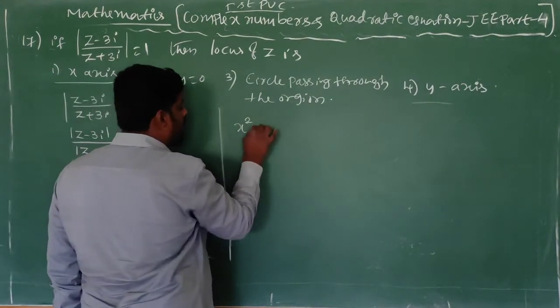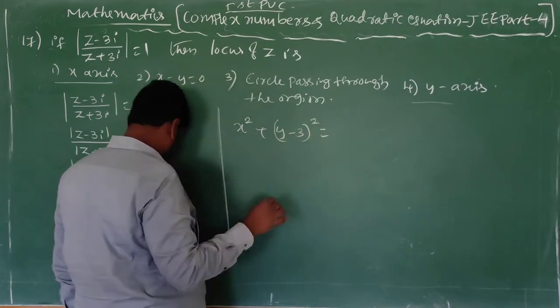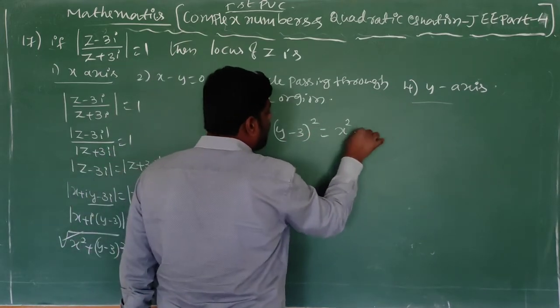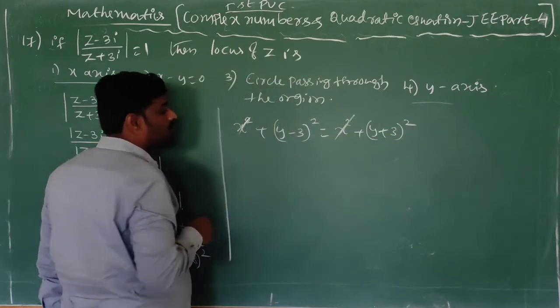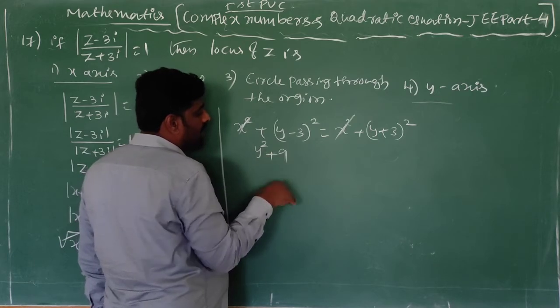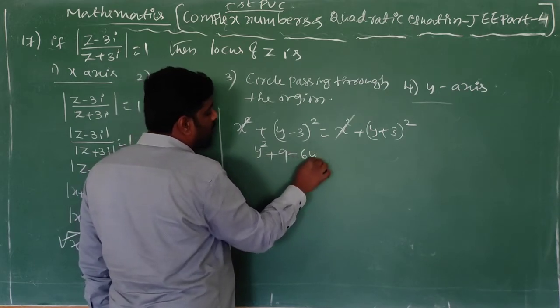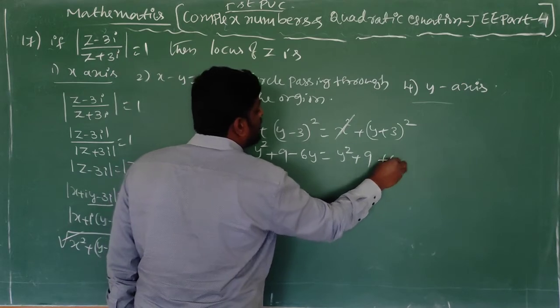So x square plus (y minus 3) whole square is equal to x square plus (y plus 3) whole square. x square cancels. So y square plus 9 minus 6y is equal to y square plus 9 plus 6y.